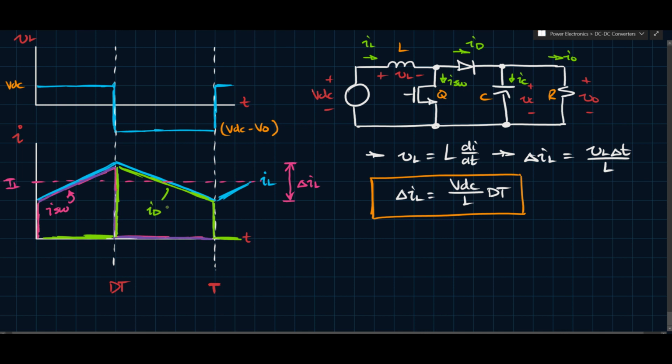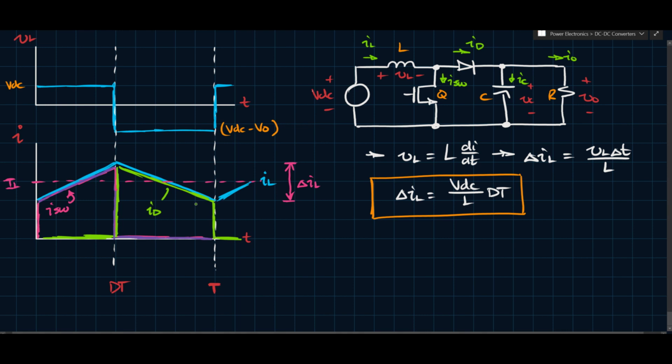The point I'm trying to make is that the ripple in the switch current and the ripple here, and I don't mean ripple in the strict sense, I mean the change between these values, because I'm assuming it instantly goes up and then instantly comes back down, right? This difference, this ripple current delta IL, is actually the difference between these slopes as well. So it appears there as well, is the point.